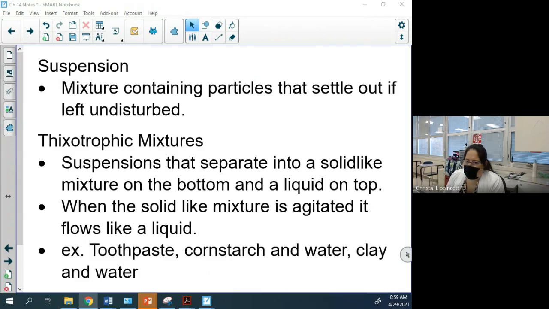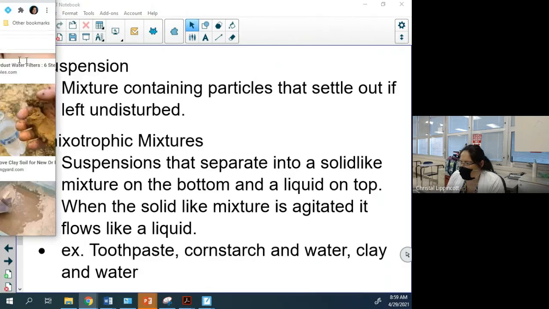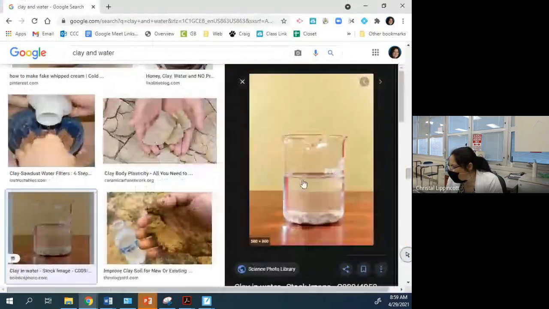Like if you had clay and water mixed together, you could stir it up and make it work, but over time that clay is going to sink back down to the bottom.